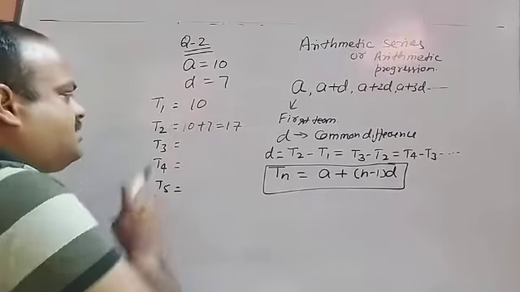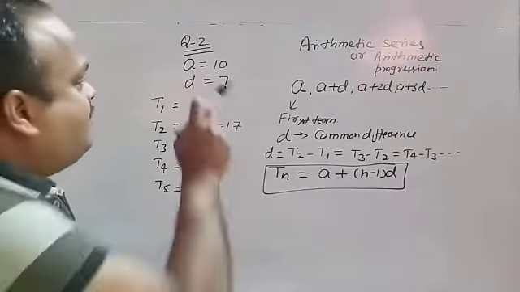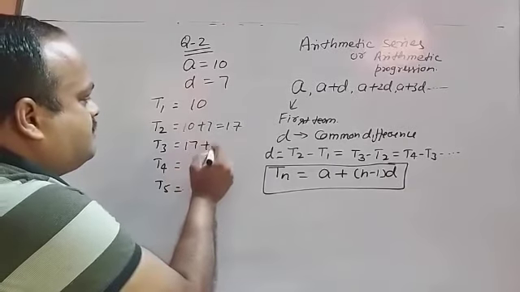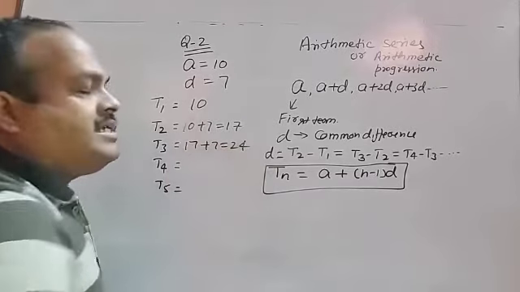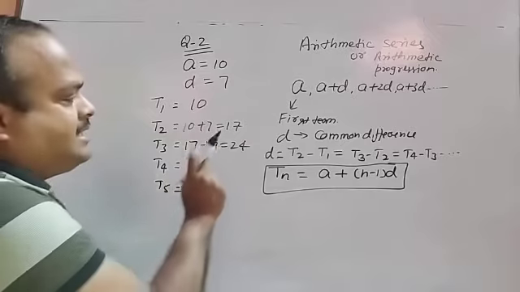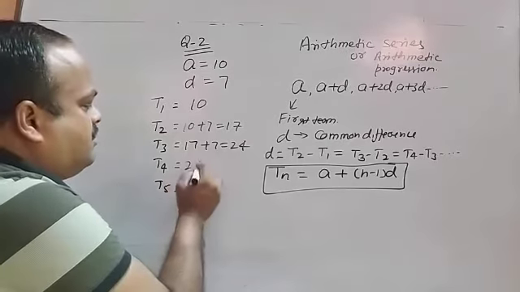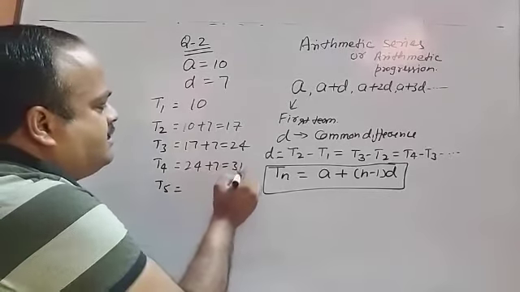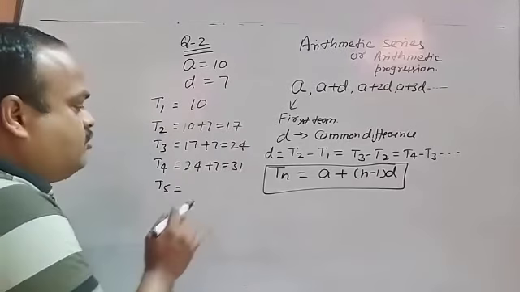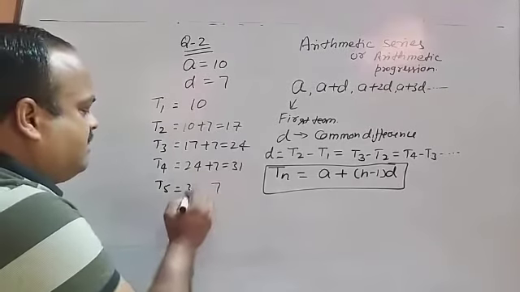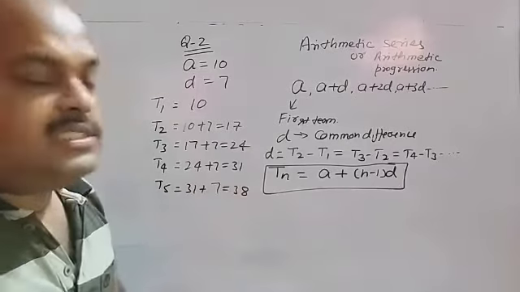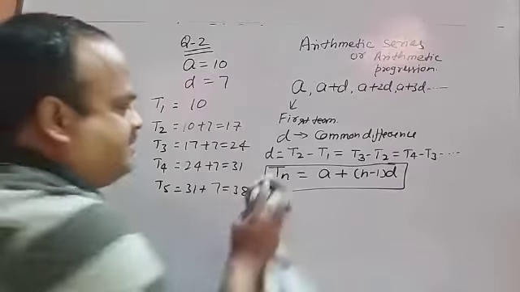To get the third term, you can add 7 to this 17, which comes as 24. To get the fourth term, you can add 7 to this 24. 24 plus 7, 31. To get the fifth term, you can add 7 to this 31. 31 plus 7, 38.